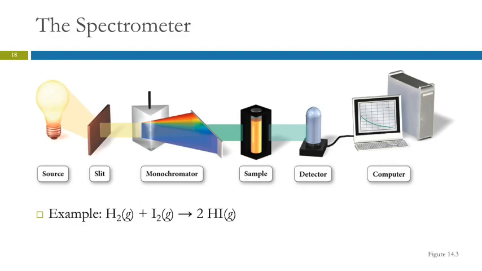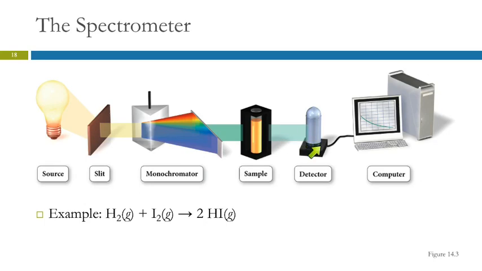So you've got a light source, and we just want a narrow beam of that light. So we pass it through a slit, pass it through a monochromator so that we can choose one wavelength. We pass that one wavelength through the sample, and then we have a detector over here. As the concentration of the substance that absorbs that wavelength increases, then the amount of light that comes through to the detector decreases.